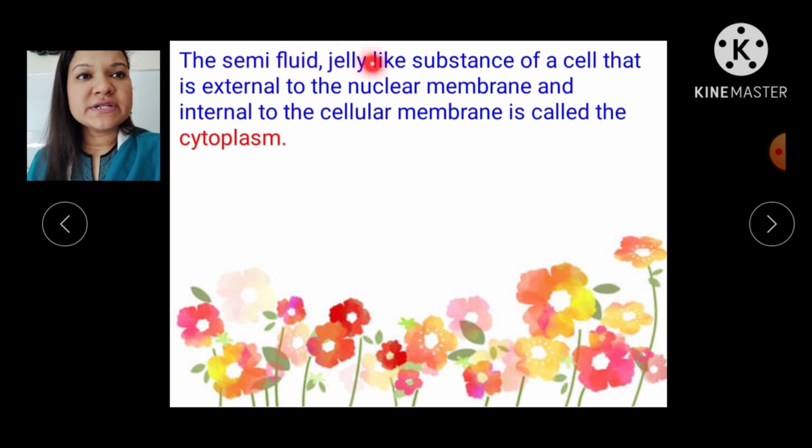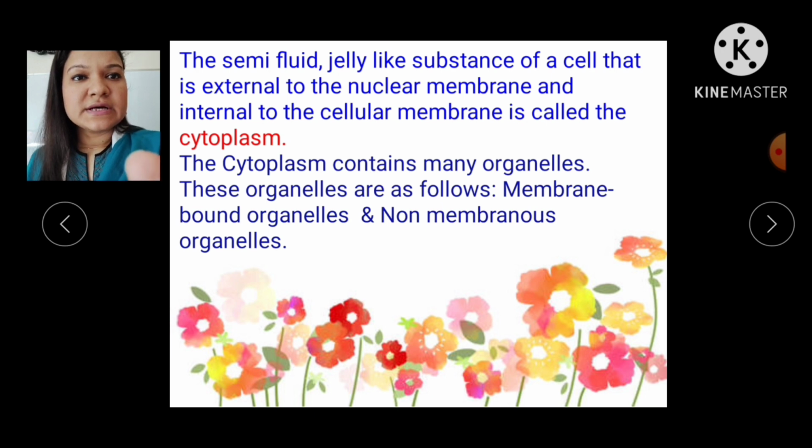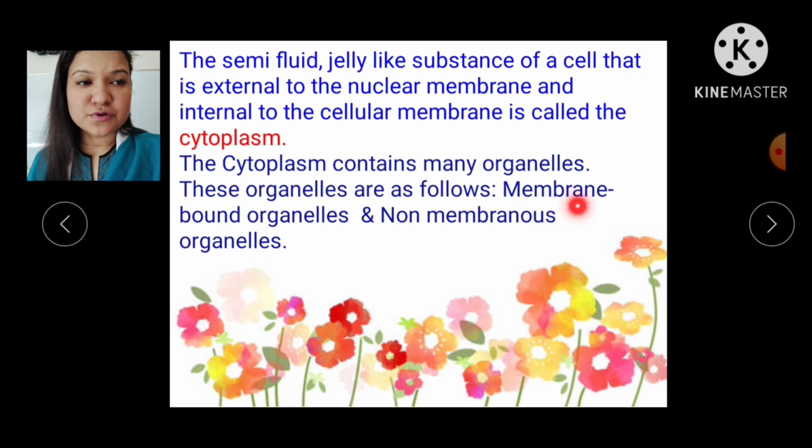The semi-fluid jelly-like substance of a cell that is external to the nuclear membrane and internal to the cellular membrane is called the cytoplasm. The cytoplasm contains many organelles. These organelles are of two types: membrane-bound organelles and non-membranous organelles.